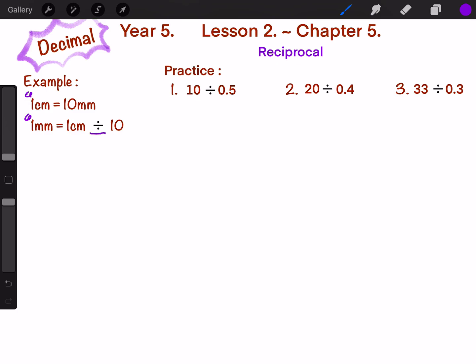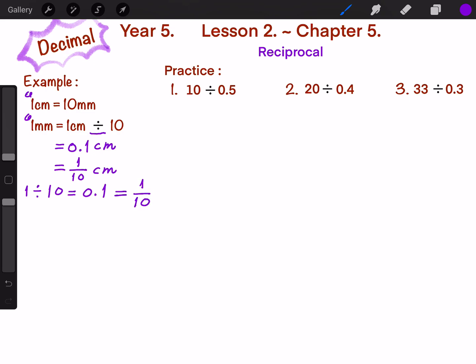Then we can get 1 millimeter equals 0.1 centimeter or equals 1/10 centimeter. That's 1 divided by 10 equals 0.1 equals 1/10.